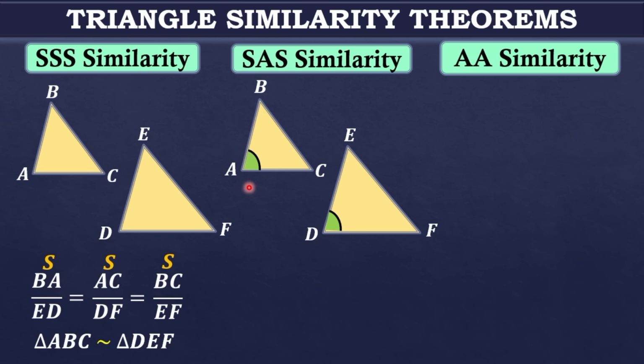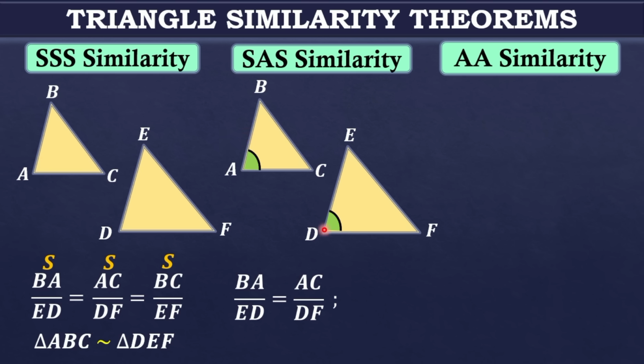Okay? So, kapag meron tayong similar triangles by SAS, given po dyan, we have BA over ED is equal to AC over DF. Now, bakit hindi BC at EF? Kasi po, etong si BA at AC po natin, ayan, BA and AC are the sides of your angle.